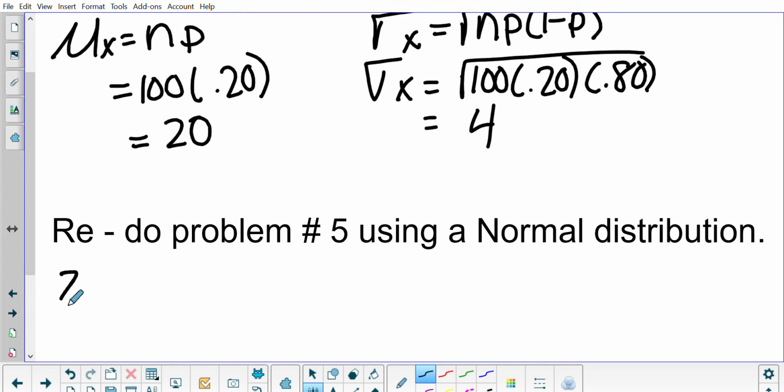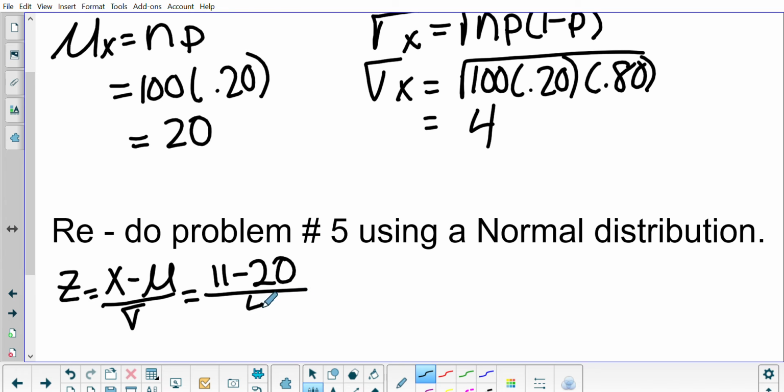Remember, my z-score is my value minus my mean over my standard deviation. So 11 minus 20 over 4 equals negative 2.25.